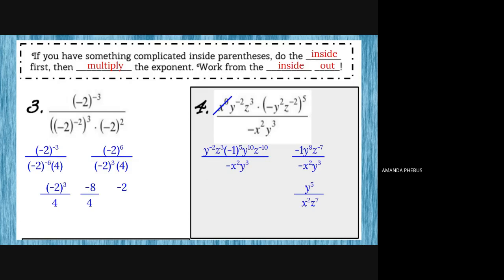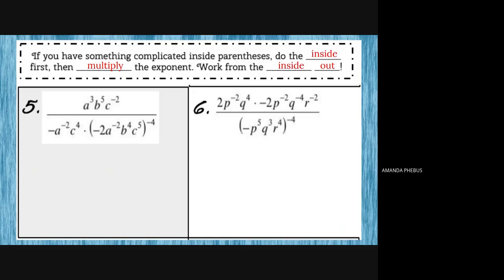All right, let's see. Example 5. Not a whole lot to do in the numerator. But I probably am going to, and you hear me planning out loud, a lot of this you're going to have to come up with a plan. So I'm probably going to clear up these parentheses in the denominator.